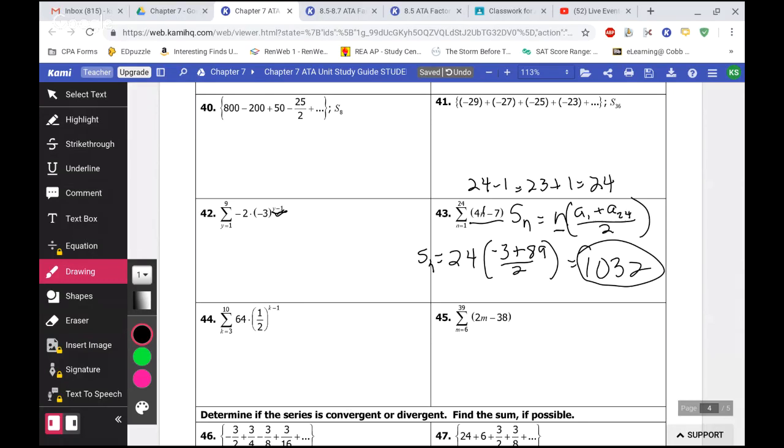All right, for number 44, this is a geometric series. So we use a different formula.